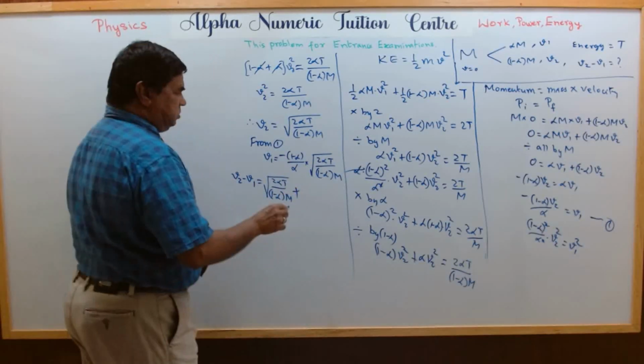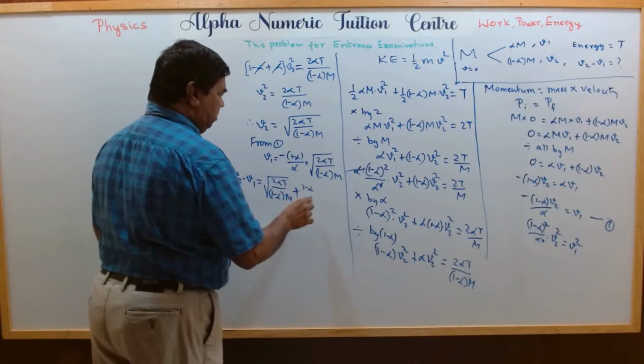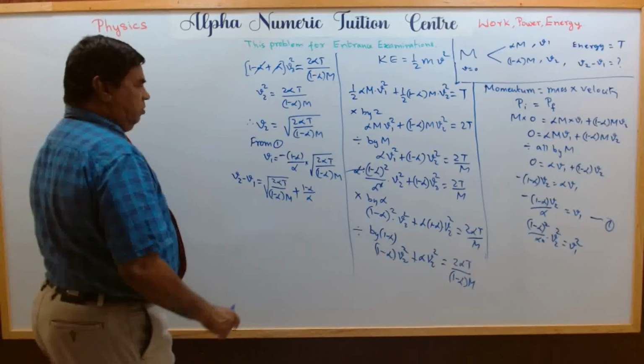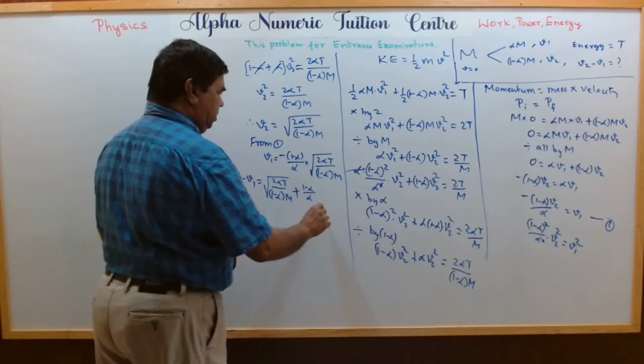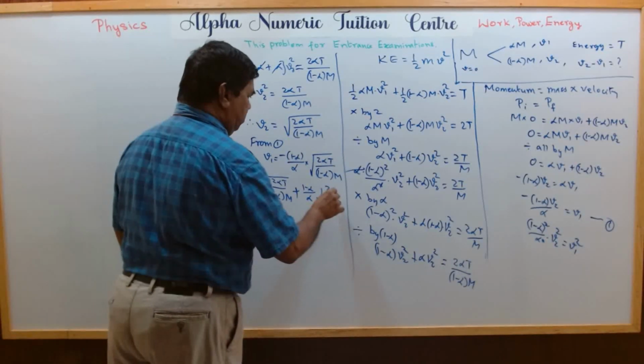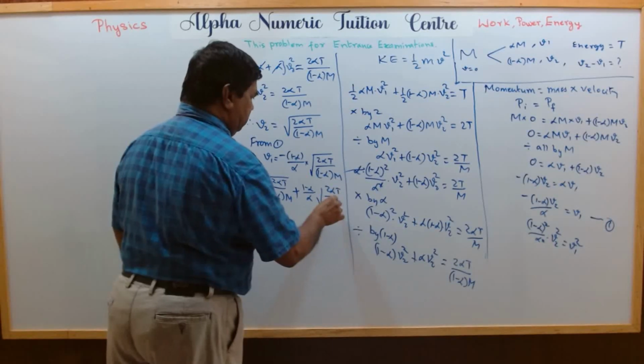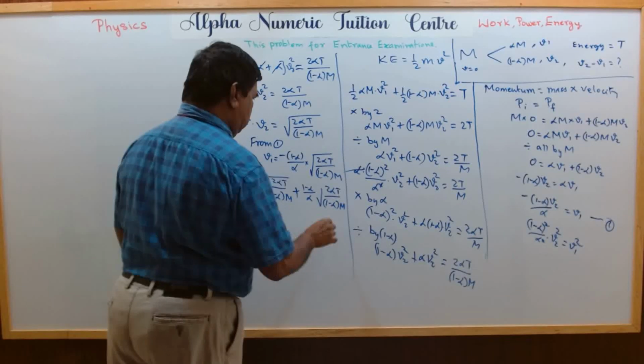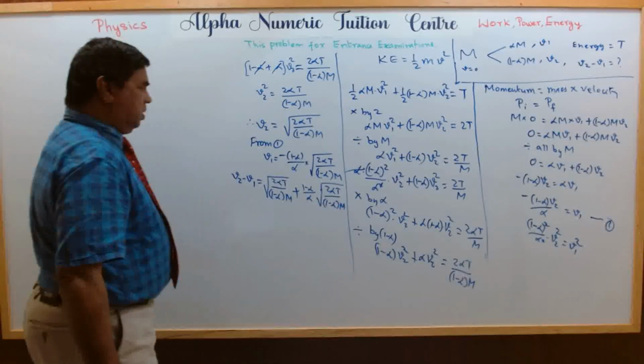V1 is already minus, so plus (1 minus alpha) by alpha into root of 2 alpha t by (1 minus alpha) m.